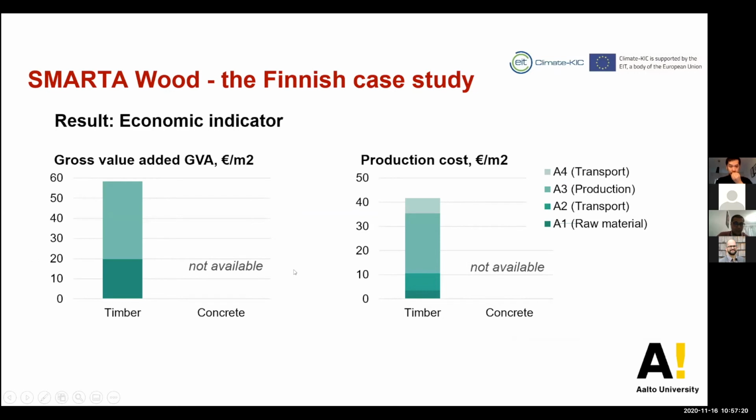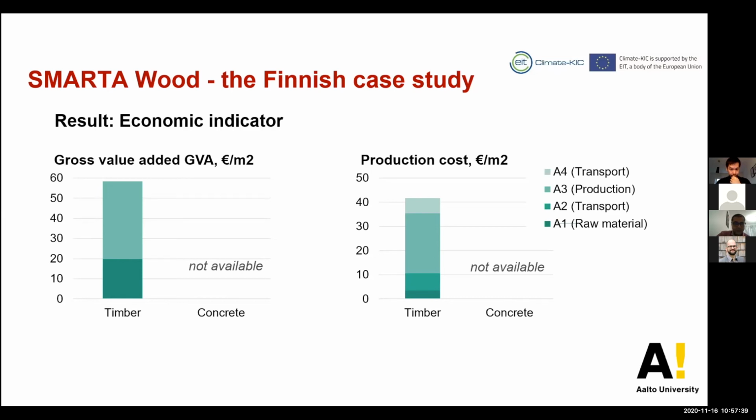Now I come to the economic part. I'm not going to show it for the concrete part because we are not complete with this economic value, but we are still working on it.